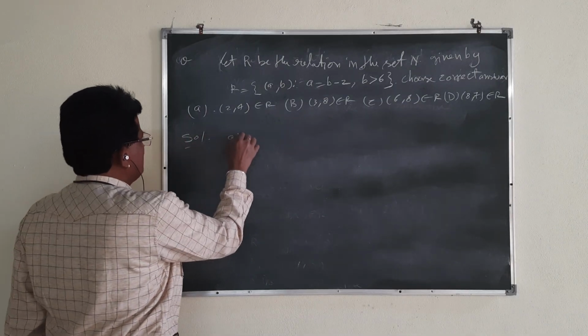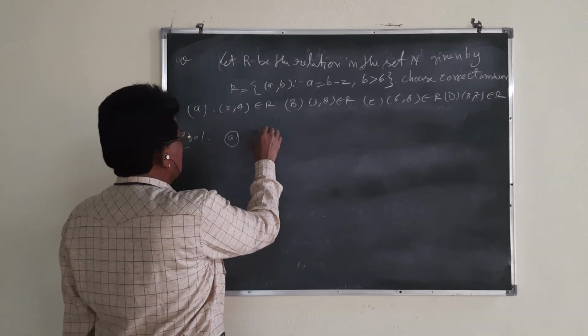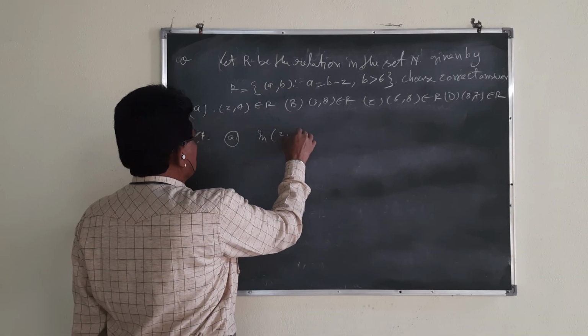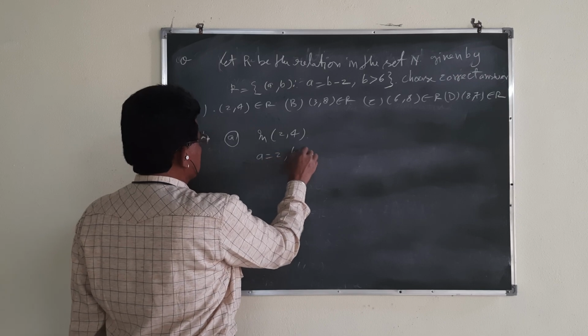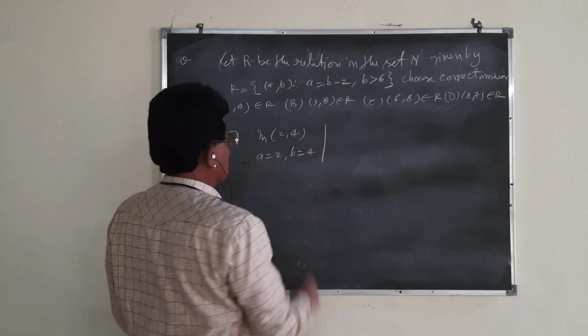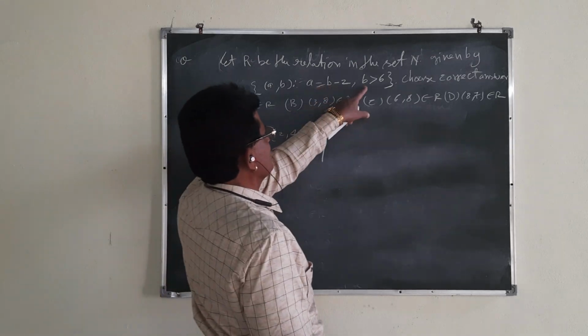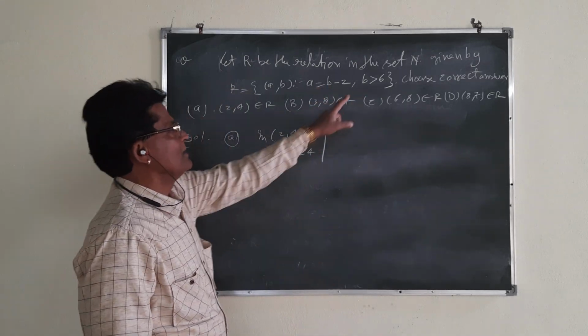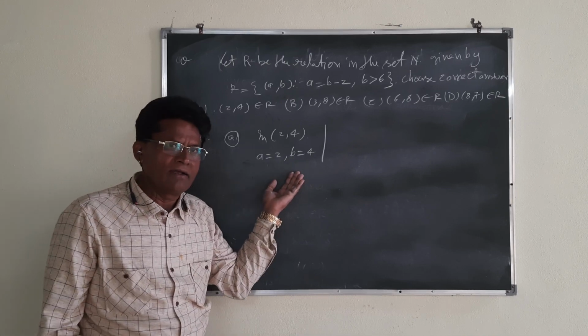First, let me take the A part. In this relation, a is equal to 2 and b is equal to 4. Let me calculate. See, a is equal to 2, but in this condition b must be greater than 6. That is why this condition is not applicable.